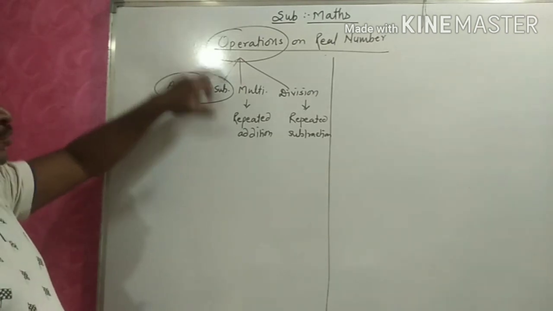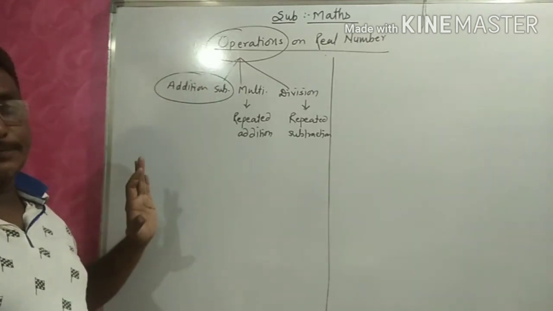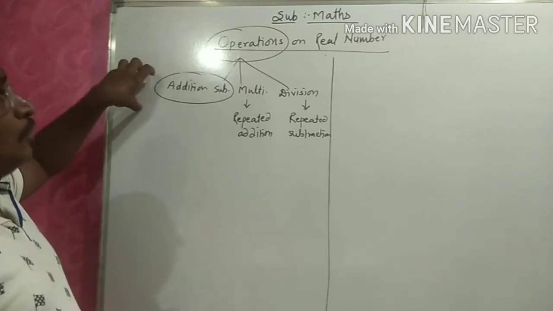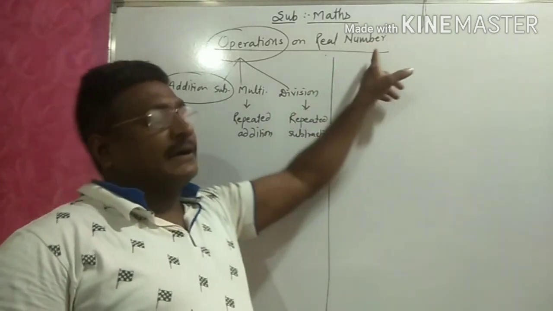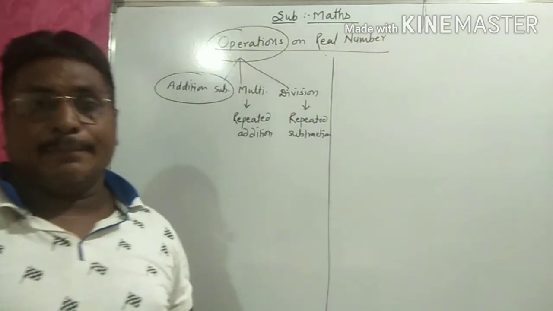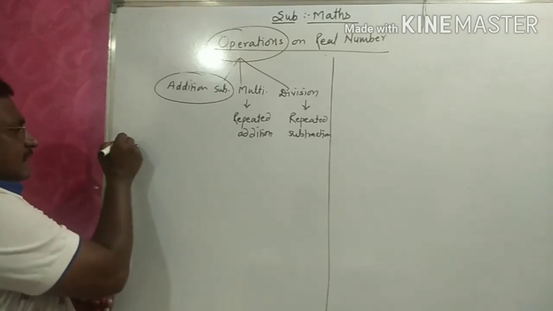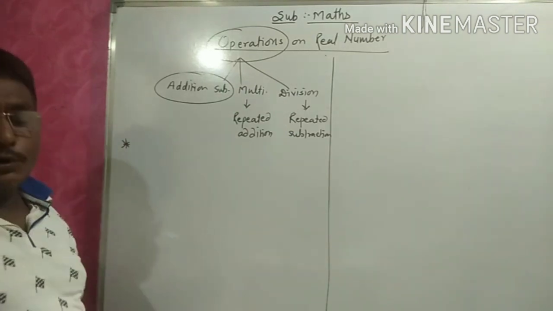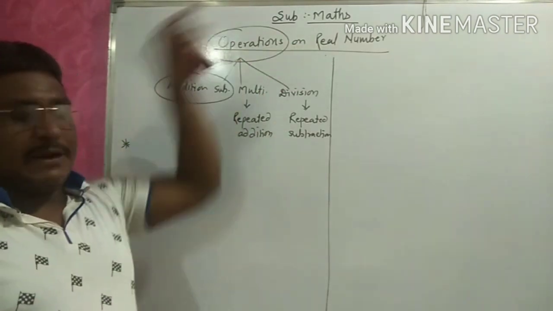So only 2 main operations are there, addition and subtraction. So how to do addition, subtraction, multiplication and division on real numbers? Before that we will study some rules. What are the rules while solving these examples?